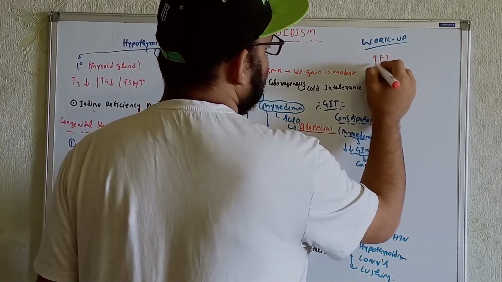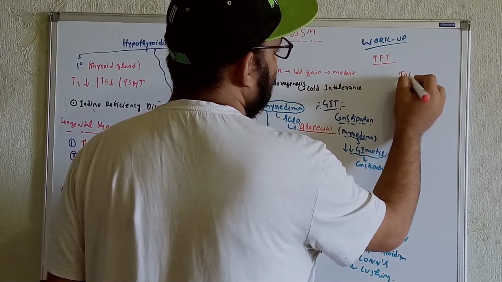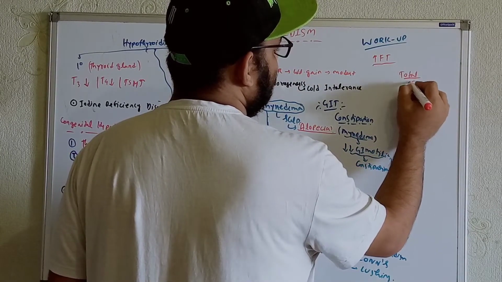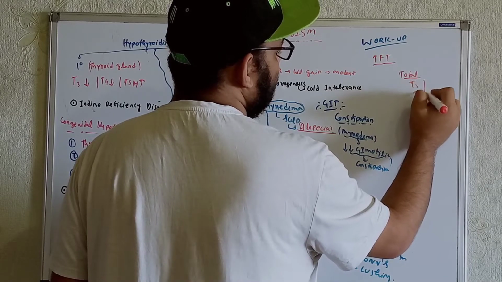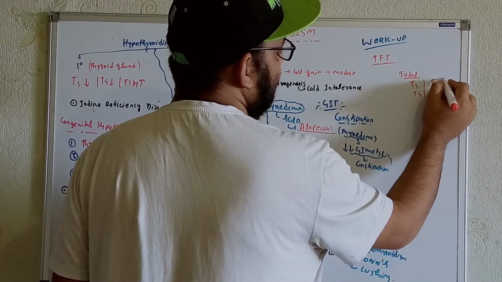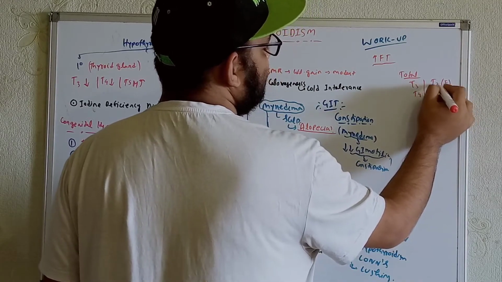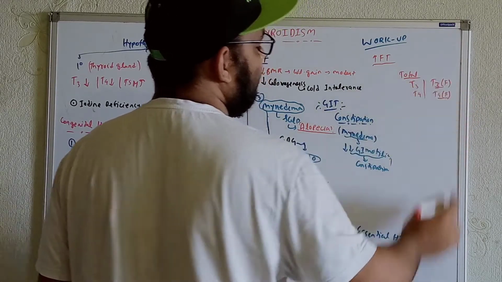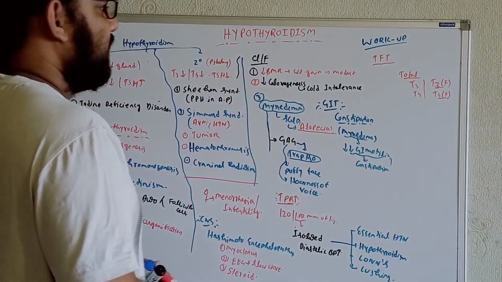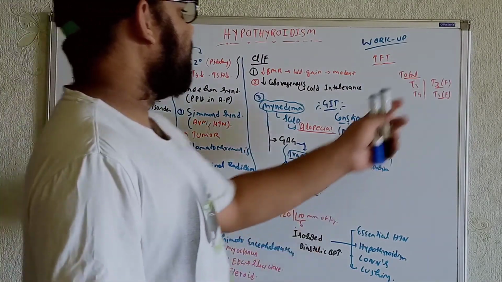In these cases, we have to do the test for total T3 and T4. Along with that, we also do the free form of T3 and the free form of T4. We can do these two tests, T3 and T4 in free form. So in terms of the thyroid function test, we can use these things.